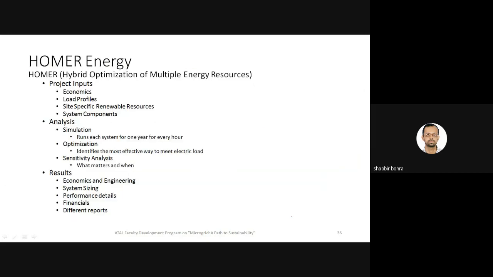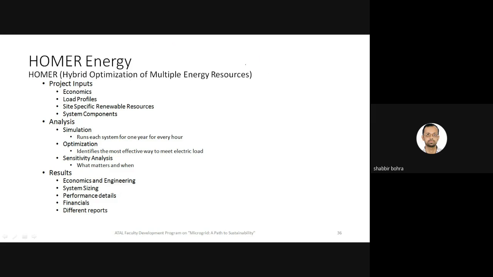So now let's come to some of the features of HOMER Energy. Even independently you can design such a system, but you must have some details with you. I'll take you through the details of what is to be supplied to that particular software. HOMER is basically a hybrid optimization for multiple energy resources, and it is one of the most acceptable and widely used tools across the globe.